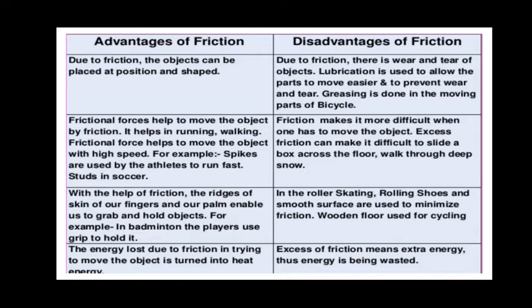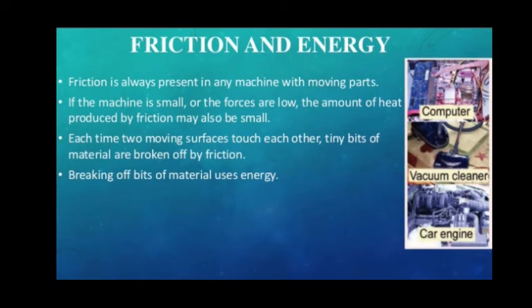Coming back to the next one, how friction is related to energy. Friction is always present in any machine with moving parts, so in turn it is related to energy. If the machine is small or the forces are low, the amount of heat produced by that friction may also be very small.